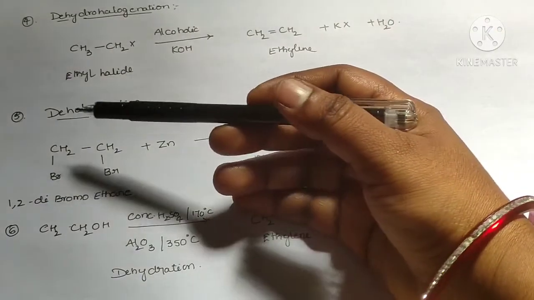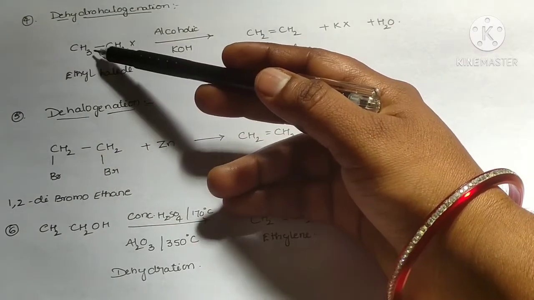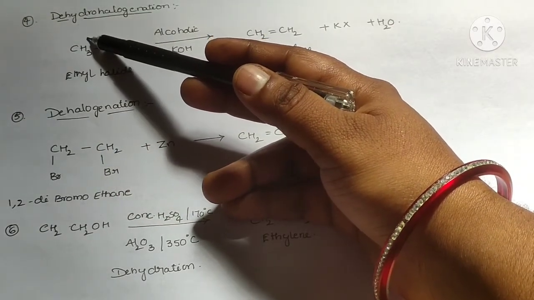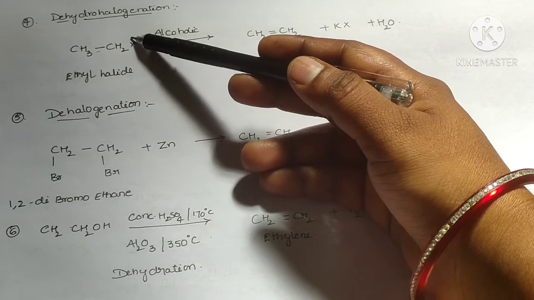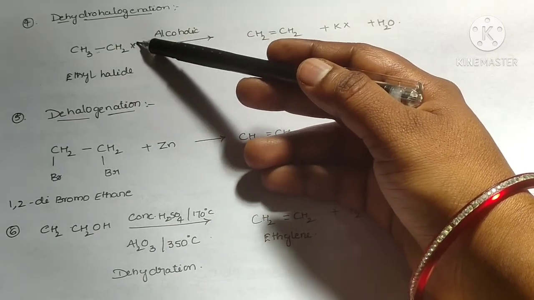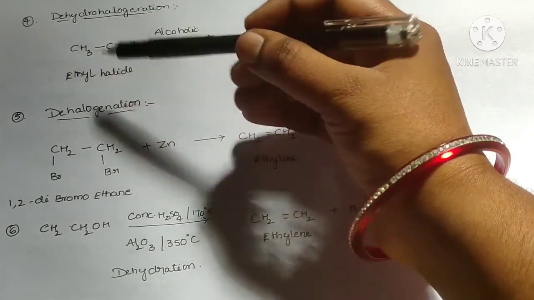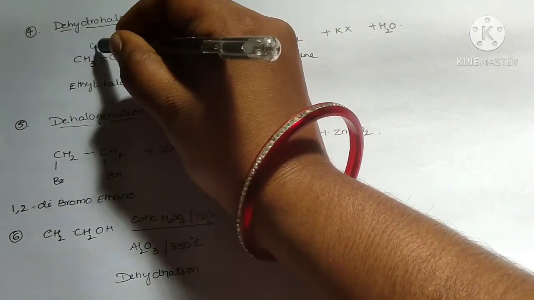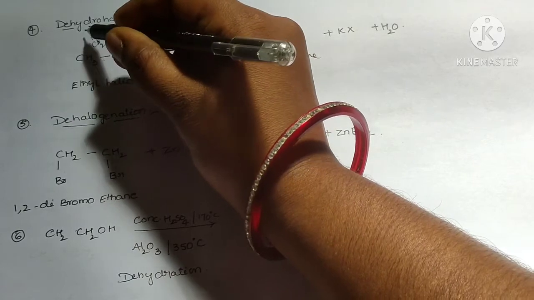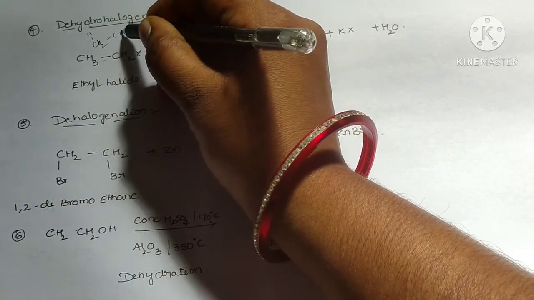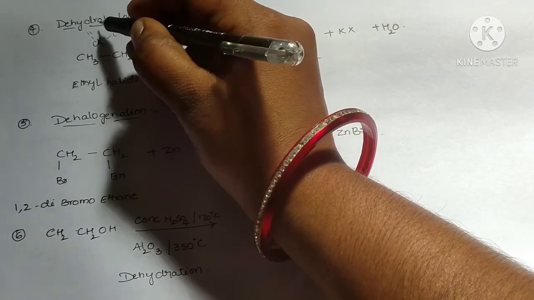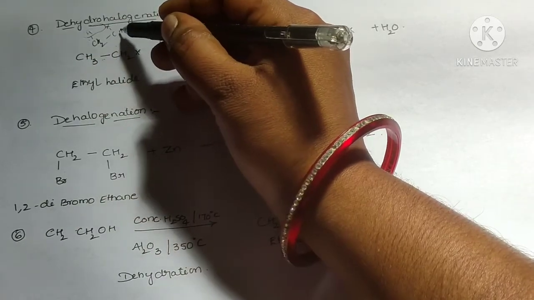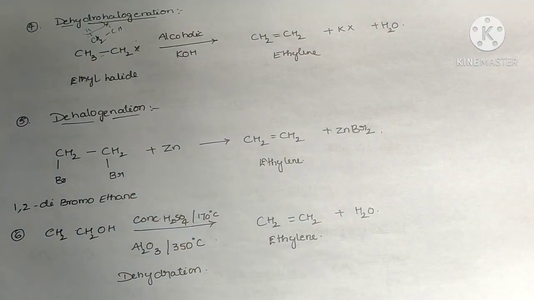In this ethyl halide, the carbon carrying one halogen and the neighbouring carbon carrying hydrogen, CH2, these hydrogen and halide are removed from the compound.